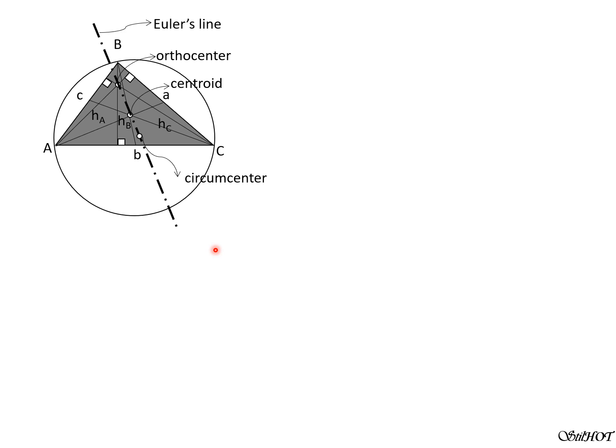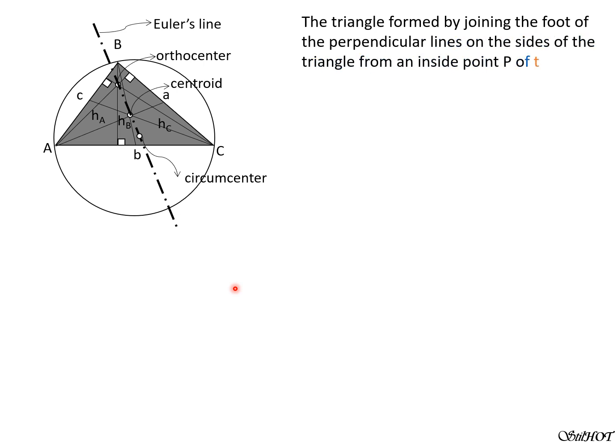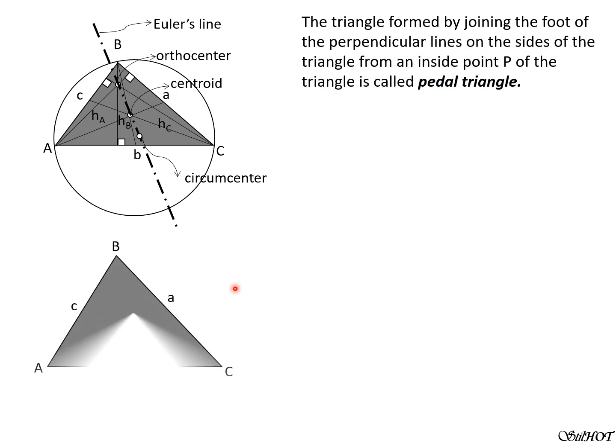So next, the triangle formed by joining the feet of the perpendicular lines on the sides of the triangle from an inside point P of the triangle is called a pedal triangle. So if we draw lines from any point inside the triangle perpendicular to the sides, then a triangle is formed by joining the feet of those perpendiculars.